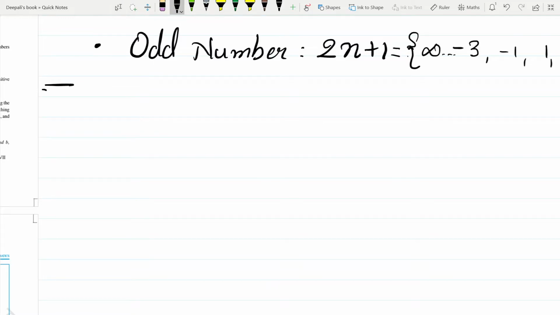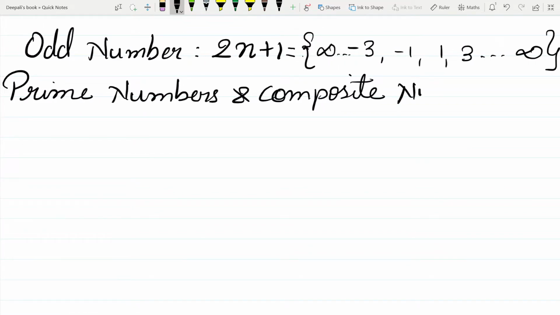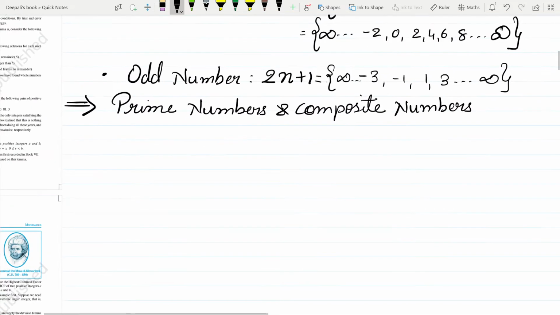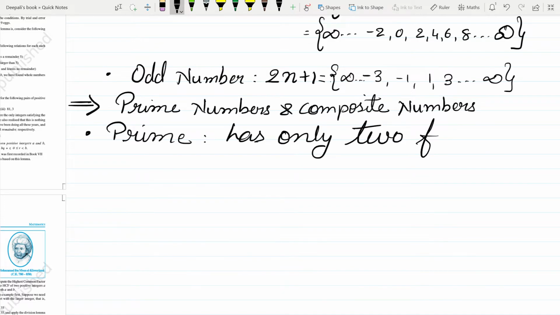One more way of classifying numbers is prime numbers and composite numbers. Now, what are these prime numbers? Prime numbers are numbers which have only two factors. They are 1 and the number itself.